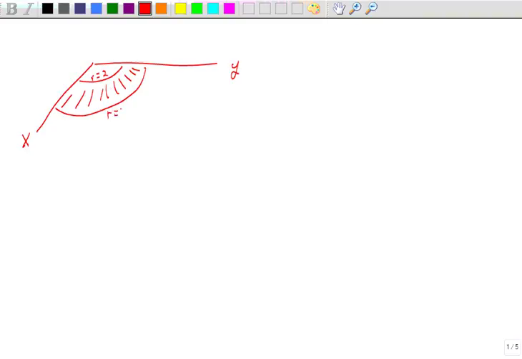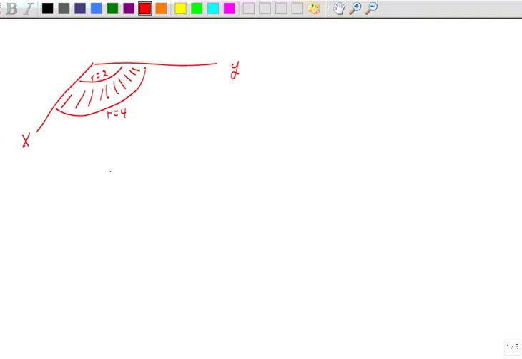If I look at the picture, let me look at the base. This was the x-axis, this is the y-axis. And the region was this, and this radius was 2, and this radius was 4.